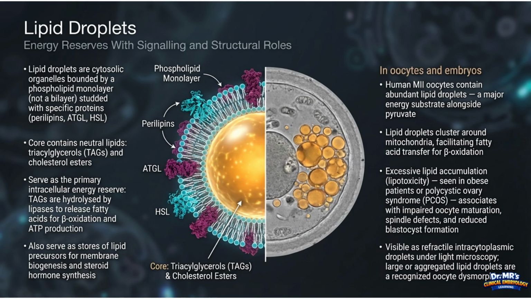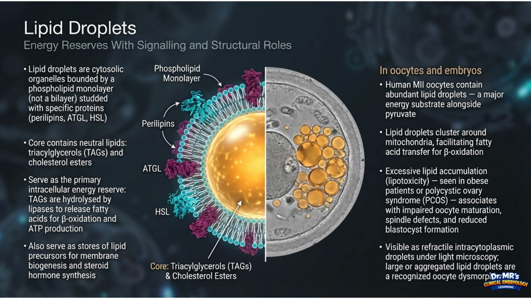At their core, they contain neutral lipids, predominantly triacylglycerols and cholesterol esters, densely packed and ready for mobilization. When the oocyte or embryo needs energy, lipases hydrolyze the triacylglycerols to release free fatty acids, which are then transferred to the mitochondria for beta oxidation, the metabolic process that extracts adenosine triphosphate from fatty acid chains.